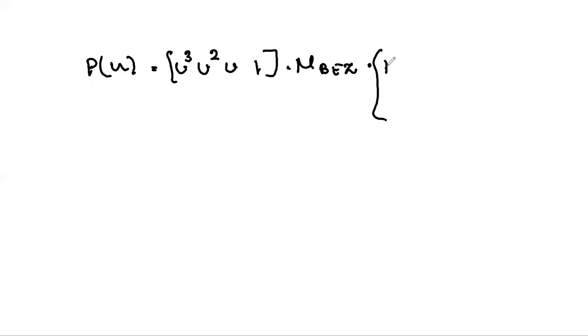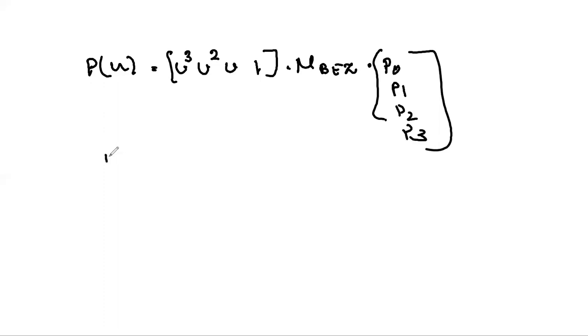It can be written as p of u is equal to u cube, u square, u and 1 into the matrix of Bezier curve, and this should be further multiplied into the points, which is nothing but P0, P1, P2 and P3. So what exactly is this M?